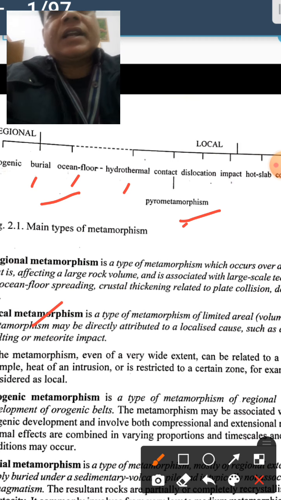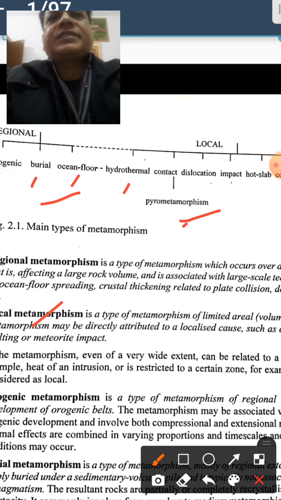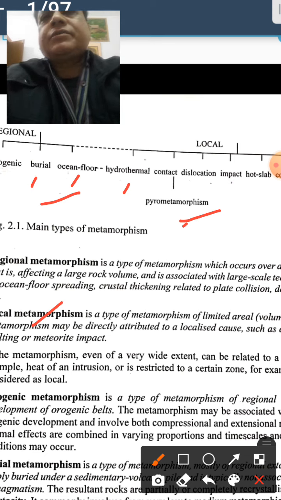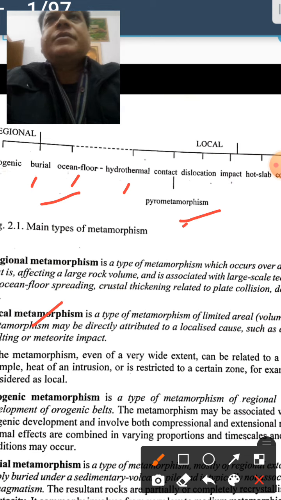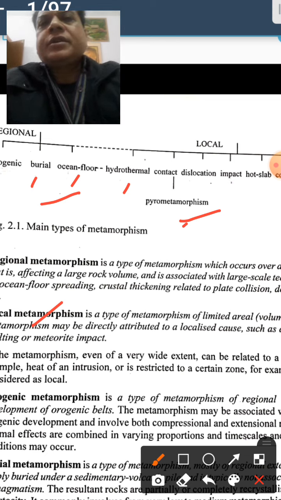The larger particles or fragments of these extraterrestrial bodies come with high velocity and strike the rocks, having temperatures of thousands of degrees and pressure of more than 100 kilobar, and the metamorphism that takes place is also called shock metamorphism or extraterrestrial metamorphism.